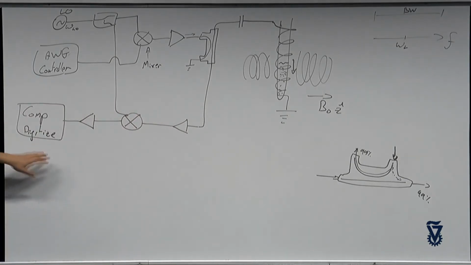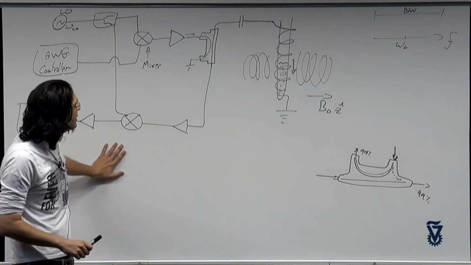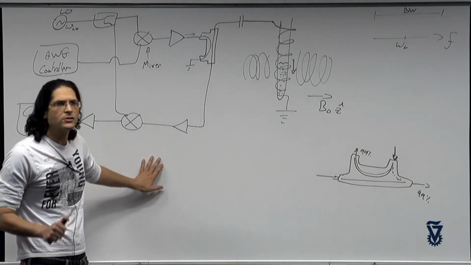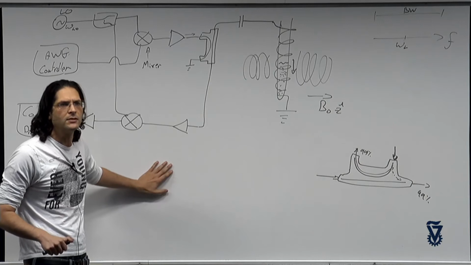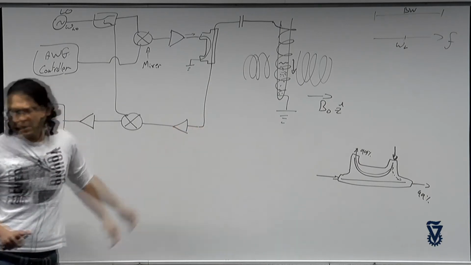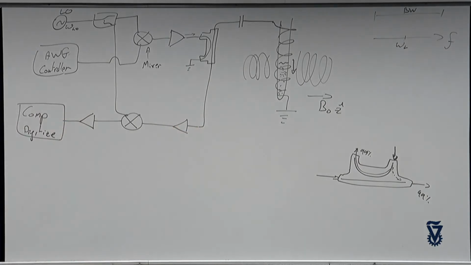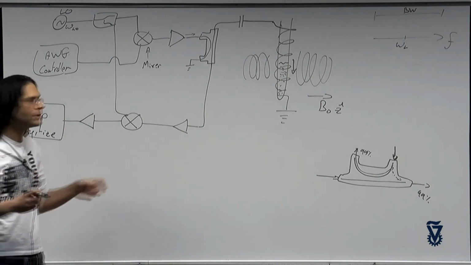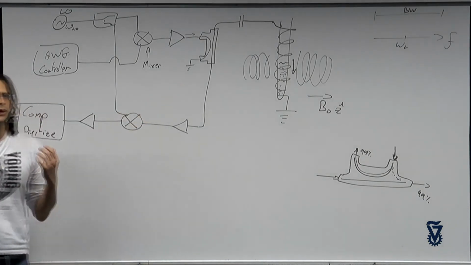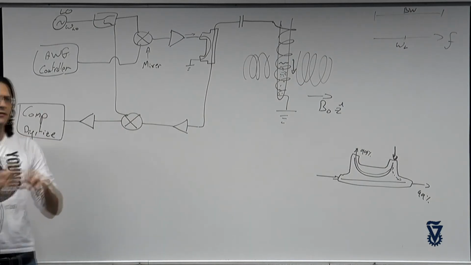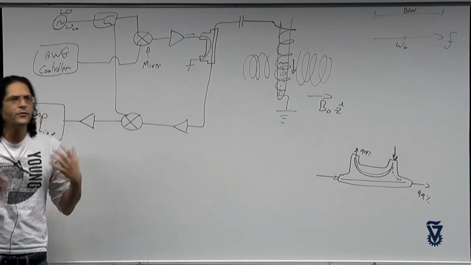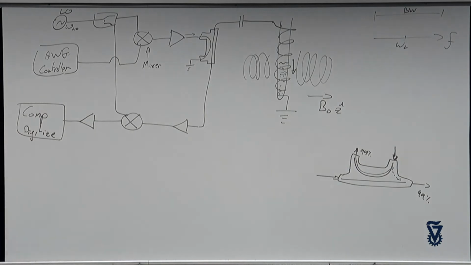Now that we've seen what the setup looks like, what we're going to do now is talk about coherence times, and then we'll see how we operate this thing. What we're assuming here when we're talking about the solution for now is non-interacting spins. So we have a large ensemble of non-interacting nuclear spins.